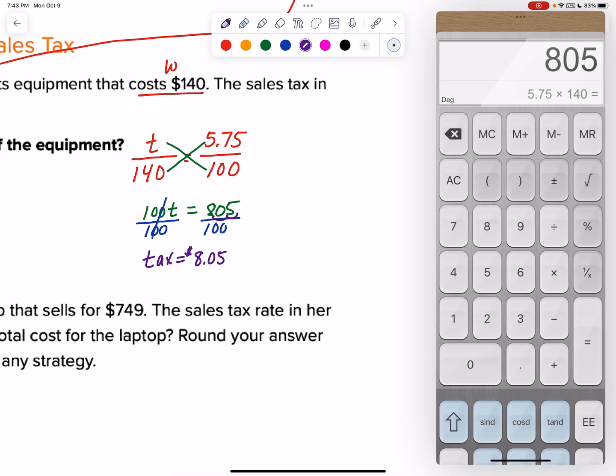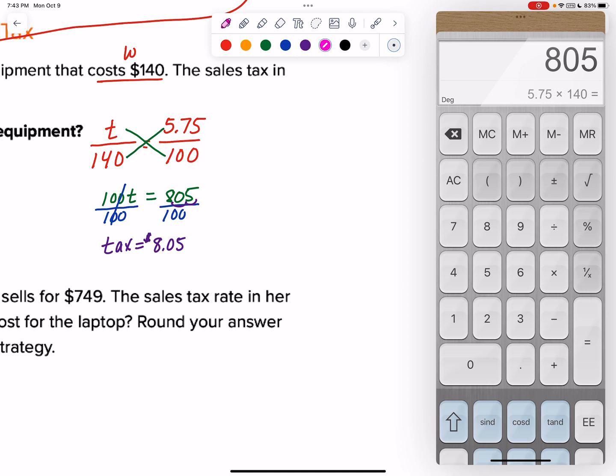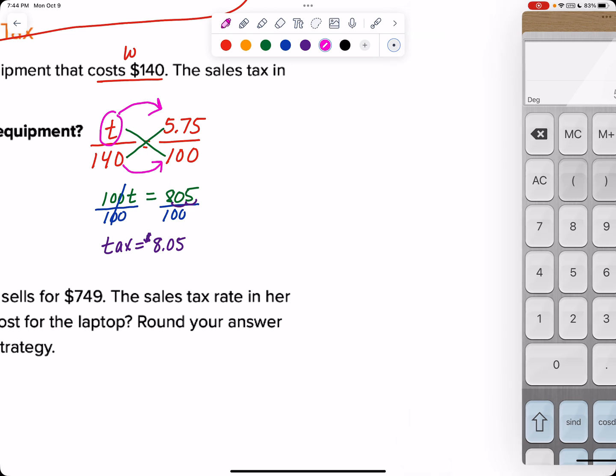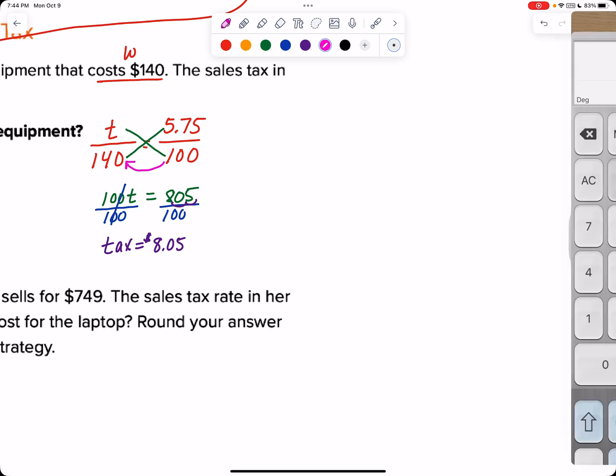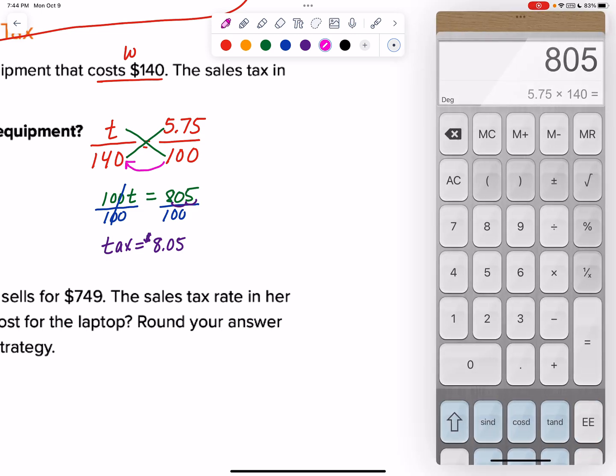Now we could have found the multiplier also, so I just want you to see that this is possible. It doesn't make sense for me to go from this fraction to that fraction because I can't take the t and do math with it in that direction. So if I am going to use the method of finding the multiplier, I need to go this way, and look at what that multiplier would be. 100 times what is 140?